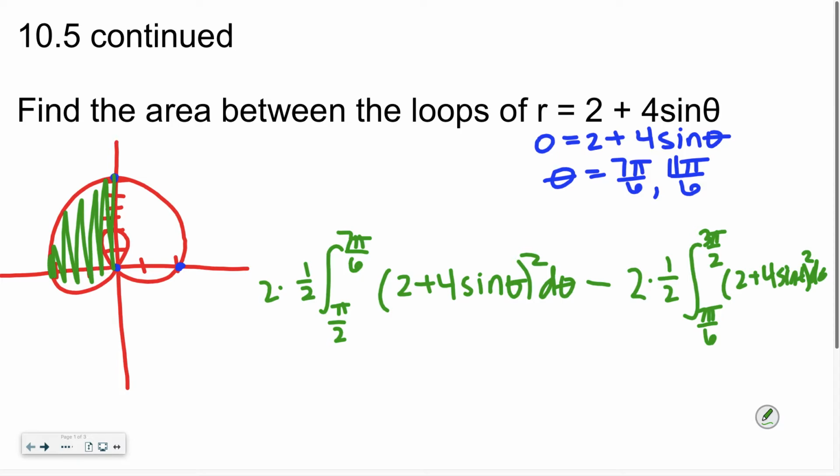If you were not going to use symmetry, then you would want to go from negative pi over 6 to 7 pi over 6, and then subtract out the whole from 7 pi over 6 to 11 pi over 6.